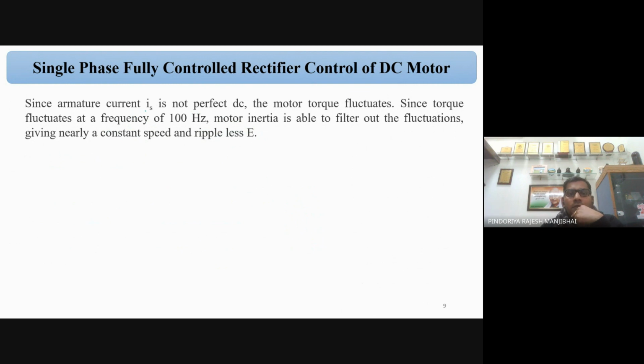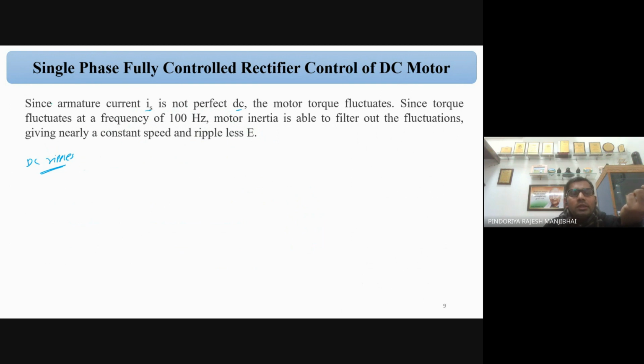Since the armature current, that is IS, which is nothing but your supply current, is not perfect DC because the ripple is there. We know the DC ripple very well. We have to remove that ripple by an LC filter or other devices. Normally we use a filter to reduce the ripple.